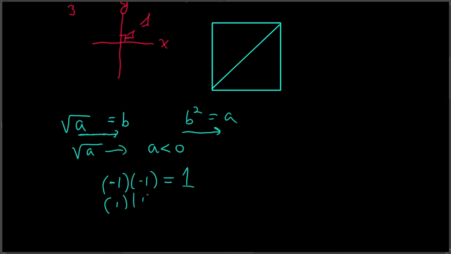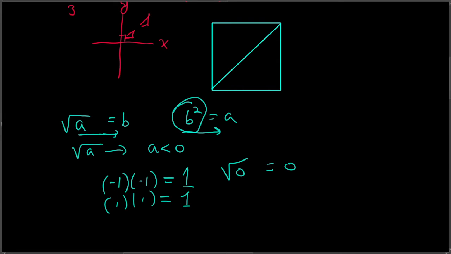And I have 1 times 1, it's a positive. In fact, anything multiplied by itself will always be a positive number. So square roots only work for positive numbers or 0. So the square root of 0 is going to be 0.